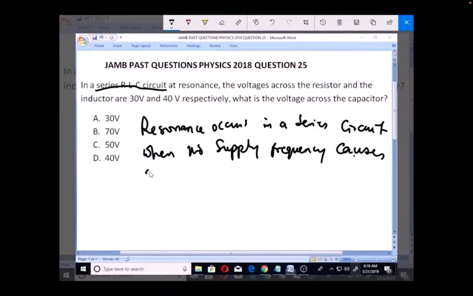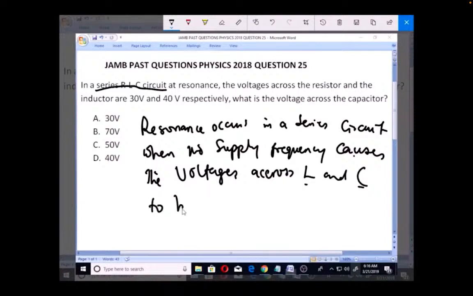causes the voltages across L and C, that is inductance and capacitance, to be equal and opposite in phase.